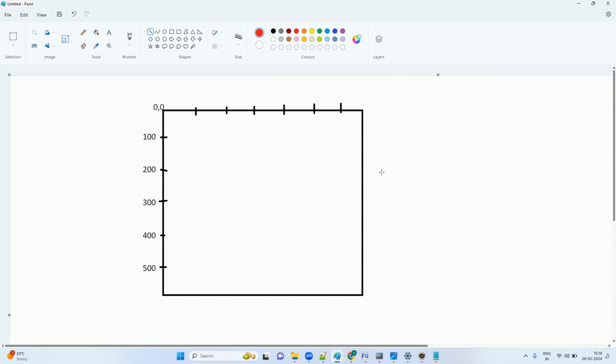So now we'll do bar chart, histograms. So this is my graph paper now. If I want to draw the x and y axis like this, so this is also 100 to 100, right? 100 to 100.